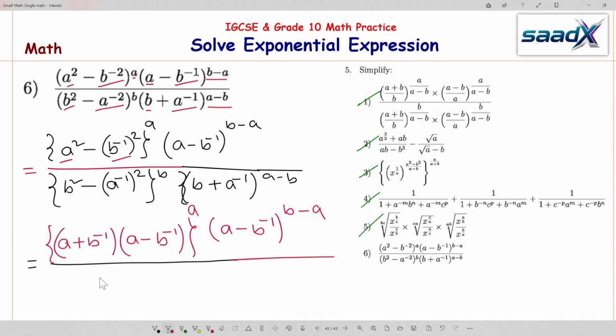So the numerator is done; the denominator also has a similar thing. Here is (b + a⁻¹) times (b − a⁻¹), the whole to the power b, and times (b + a⁻¹) to the power a − b.